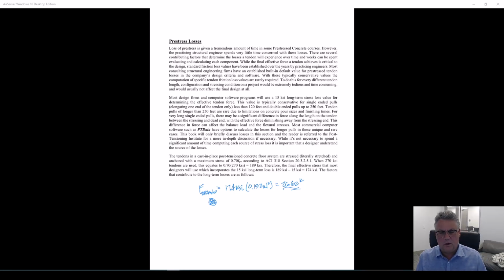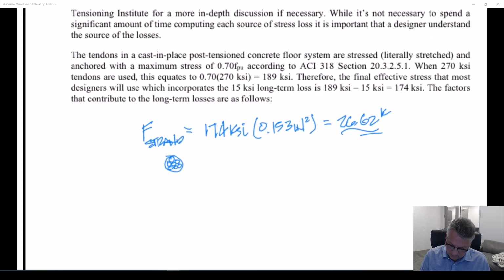If you just want to remember that number, I remember that number. Every time I tell you the number of strands, you know that the effective force is 26.62 times that number of strands.